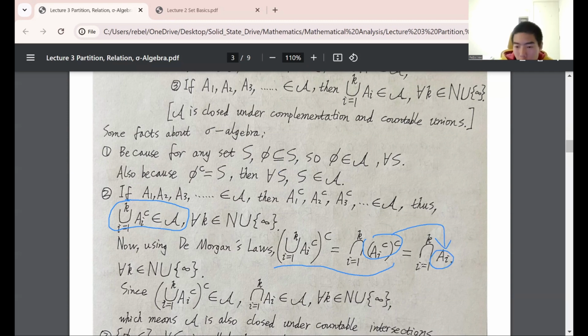So we found that the intersection of many lists of sets is also contained in the sigma algebra. So not only union, but the definition contains union because a definition needs to be precise and concise, but the intersection of a list of sets is also contained in it. So it's also called closed under countable intersections.